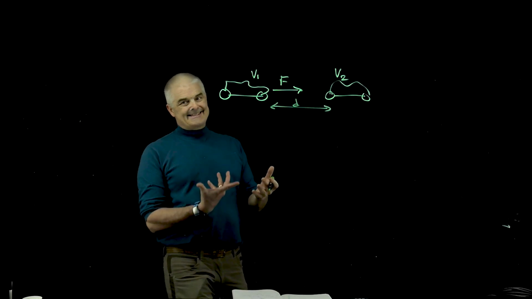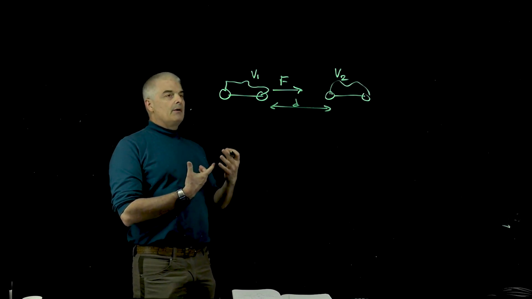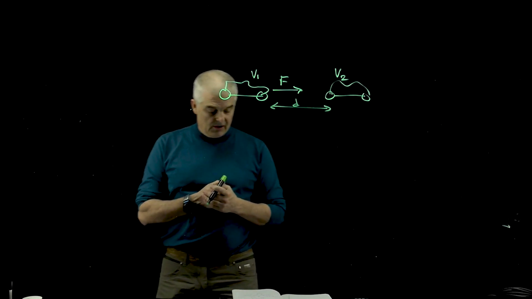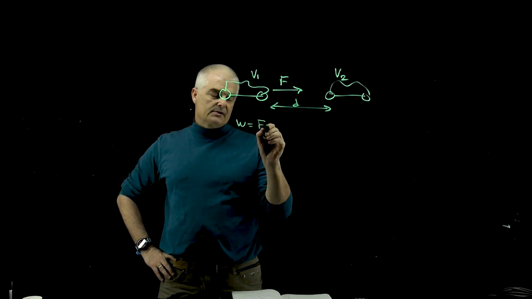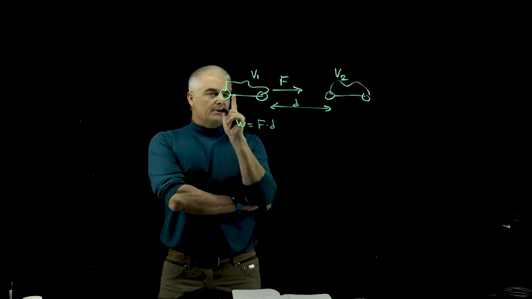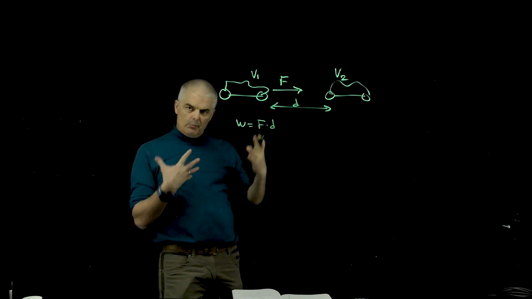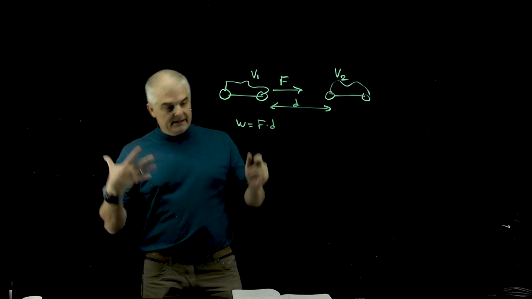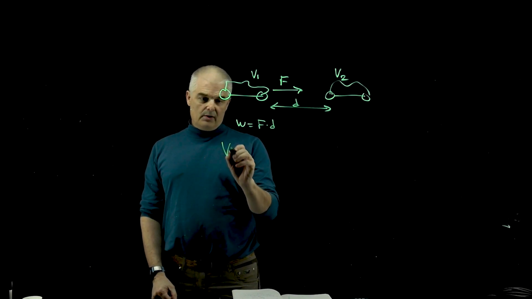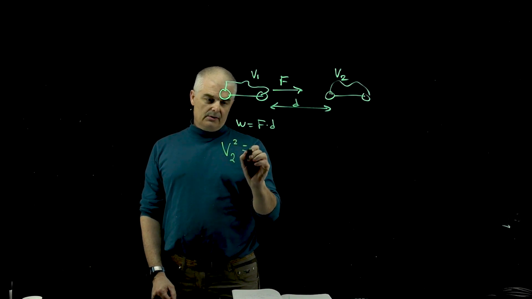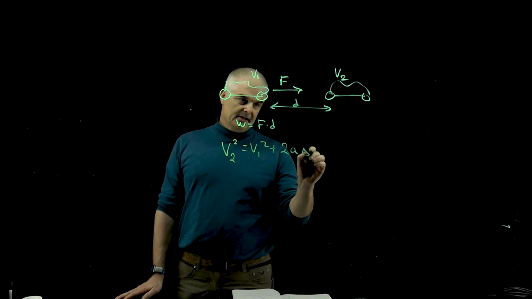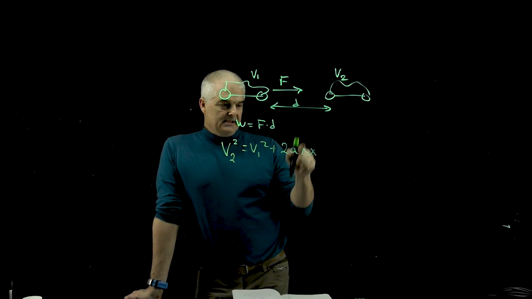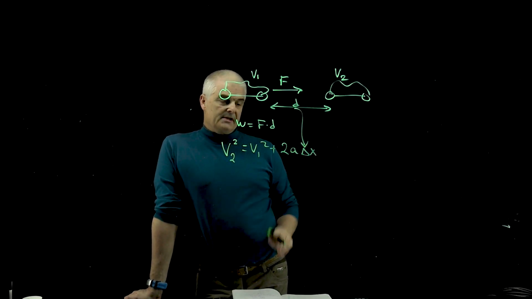So if we ask the question we've already been asking, how much work is done on the car, as you recall, work is equal to the force times the distance. But if we go back to our understanding of kinematics, we have an equation: V2 squared equals V1 squared plus 2a delta x. Now, the d and the delta x are the same.